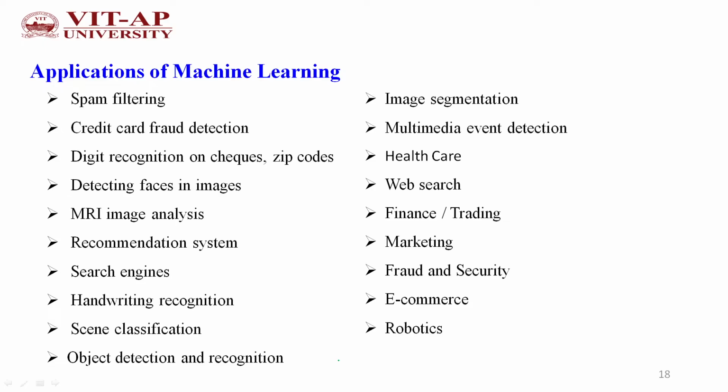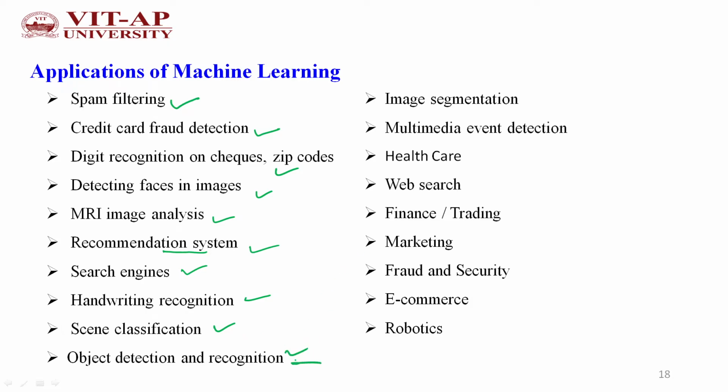So ML can be used in different applications: spam filtering, credit card fraud detection, digit recognition, facial recognition, MRI image analysis, recommendation systems like movie recommendation, product recommendation, search engines, handwriting recognition, scene classification, object detection and recognition.